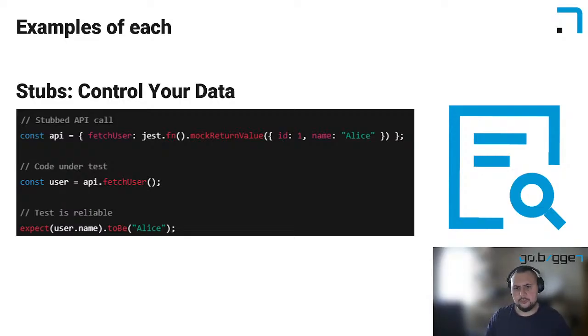Right, so let's get back to the examples once again, and let's dissect them a little bit more. In this case, once again, we have Jest, and we call a function, in this case called mockReturnValue. In this case, we have a stub and not a mock in a general sense, but you can call it mock if you want to, since Jest calls it that, with the return value of a JSON object with the ID 1 and name Alice. Then we create a constant, in this case called user, where we call the API stub with fetchUser.